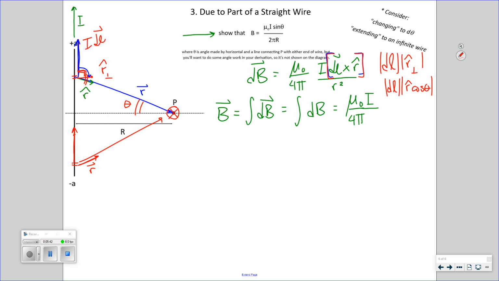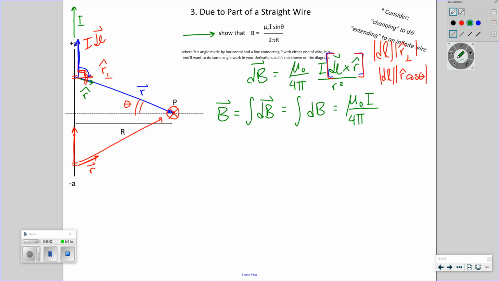It is a direction with magnitude 1. So what this cross product evaluates to is dl cos theta, and I'll keep the r squared, and that's the stuff we have to integrate.